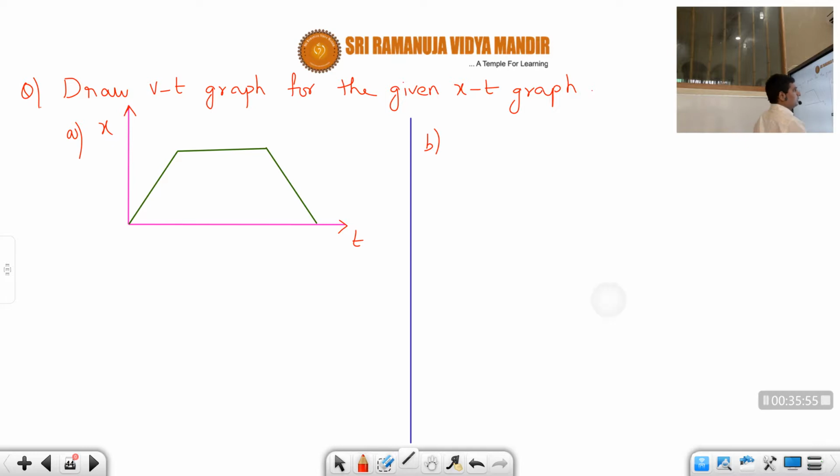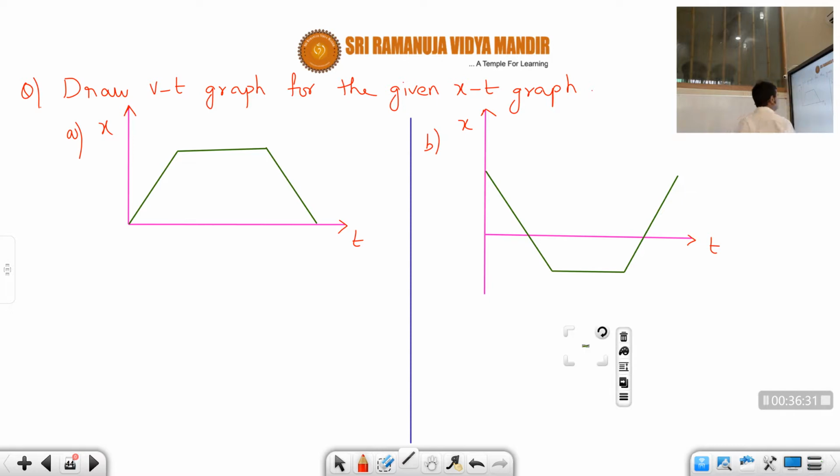Let me give the xt graph. Let's say this is t and let's say this is x. Now let me draw the xt graph. The xt graph here is like this, students.